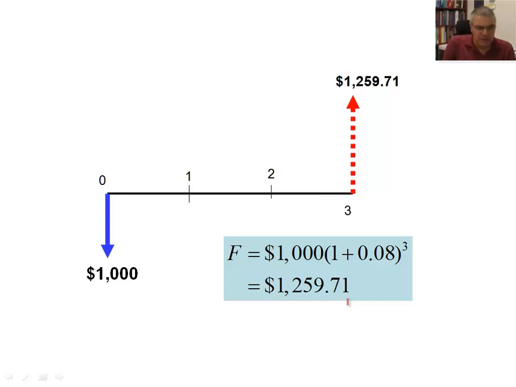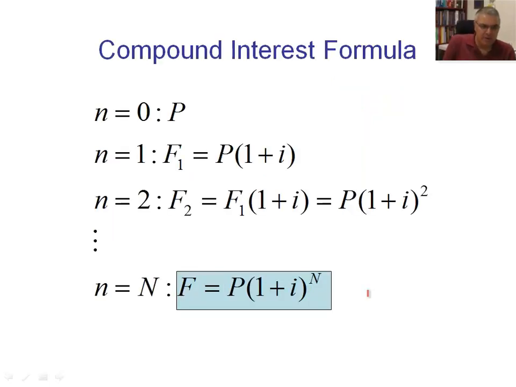The formula that we can come up with here is F = 1,000 multiplied by (1 + 0.08), which is the 8%, to the power 3, and that would be $1,259, so almost $1,260.